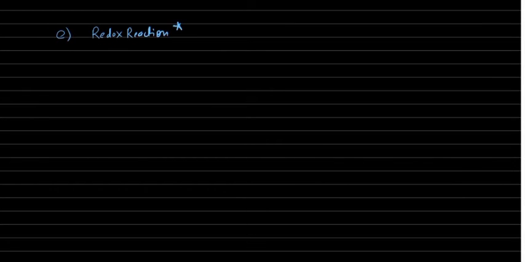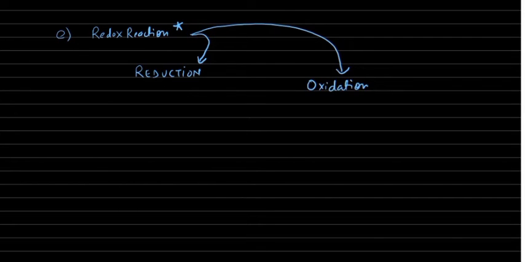This is a very important question. Although we have already discussed it, this word came from two words: red complete reduction, ox complete oxidation. So it is the combination of reduction and oxidation. Sometimes it comes in the form of differences also, so I am taking it in a differentiation way.